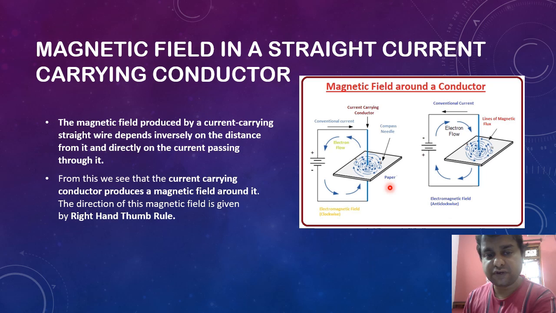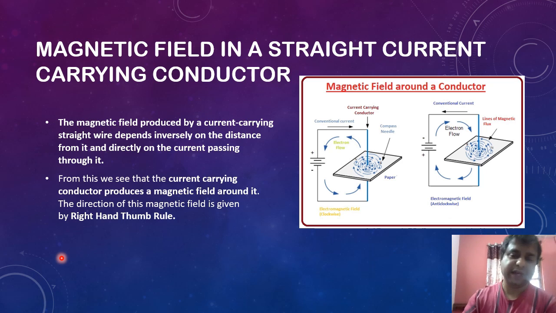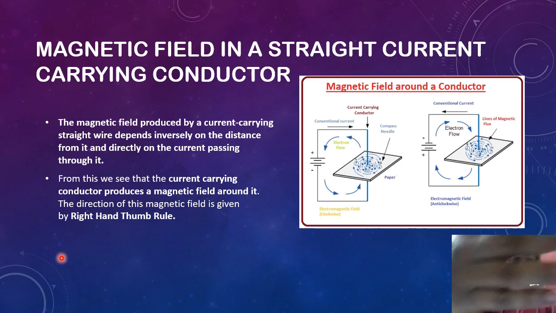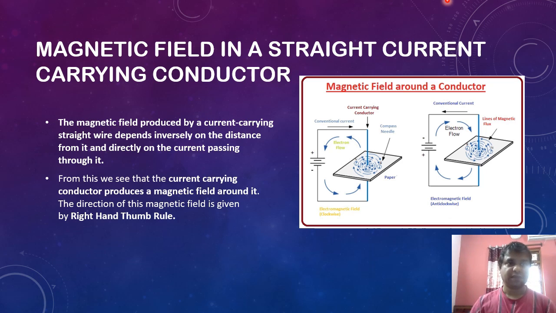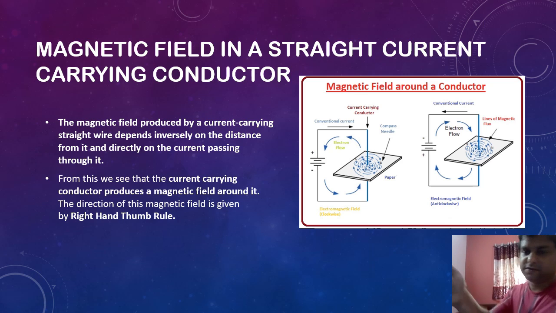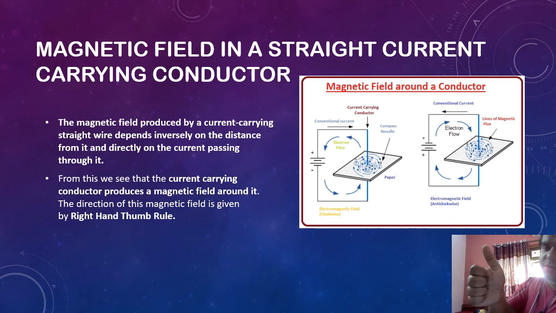Now the direction of the magnetic field is given by the right hand thumb rule, and we'll see in the next slide what the right hand thumb rule says. Basically, before we get to that, so that you can figure out what is going on, let me explain what is meant by the right hand thumb rule. This would be my right hand. The thumb, pointing up, shows the direction of the current.